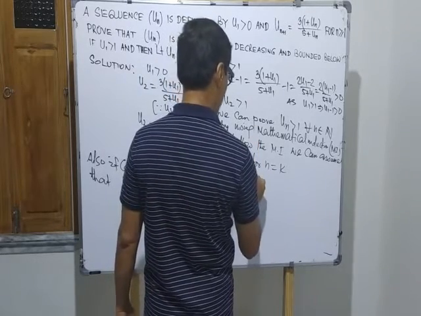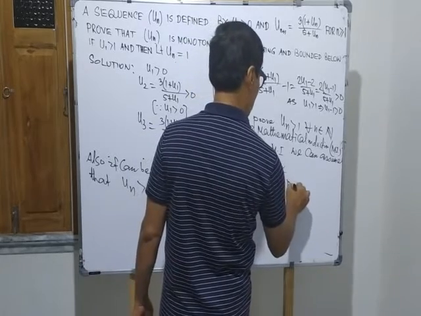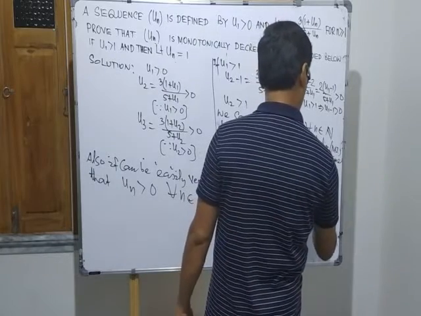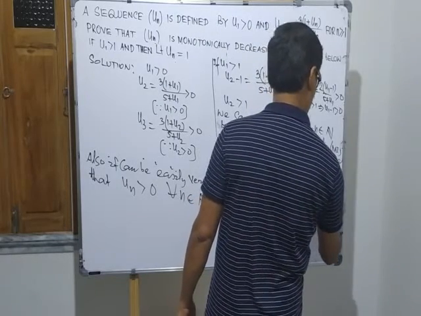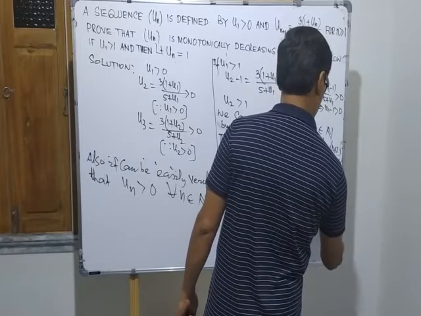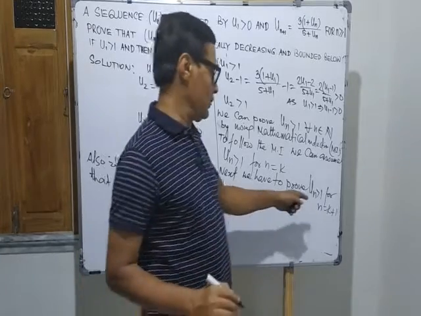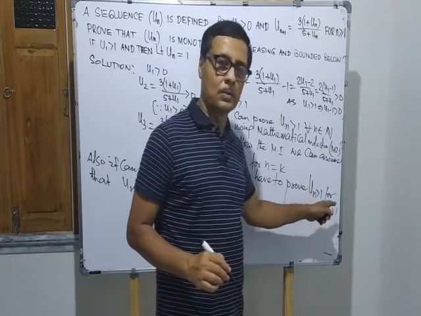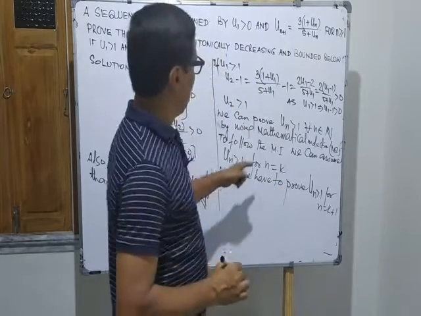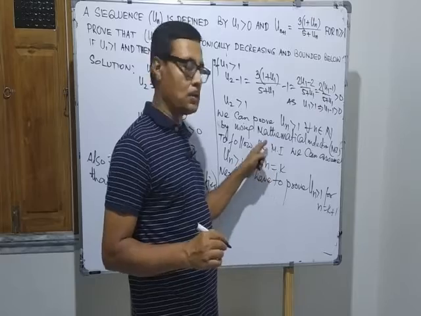Next we have to prove that un greater than 1 for n equal to k plus 1 is true. This is to be proved, and we have assumed un greater than 1 for n equal to k is true.